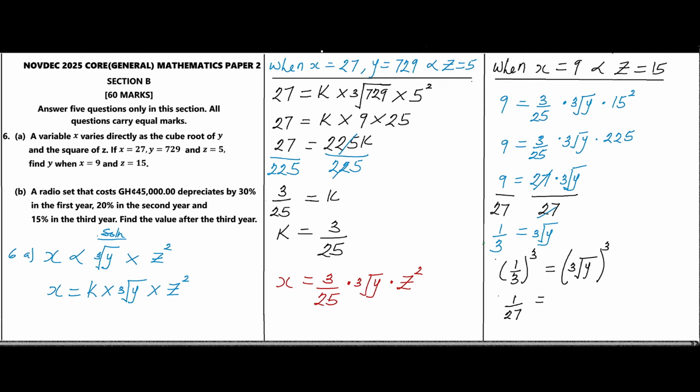And then the cube root and the cube will cancel out, leaving y. So now we could see that the value of y is 1 on 27. So y is equal to 1 on 27.